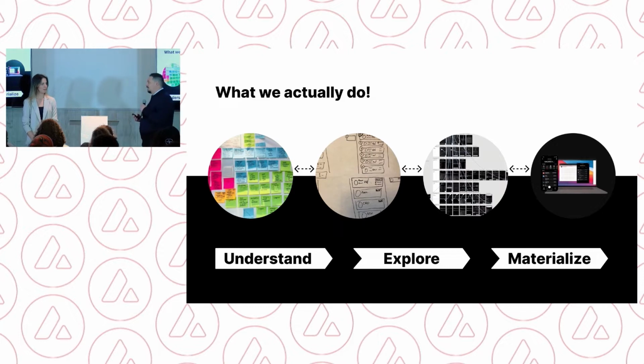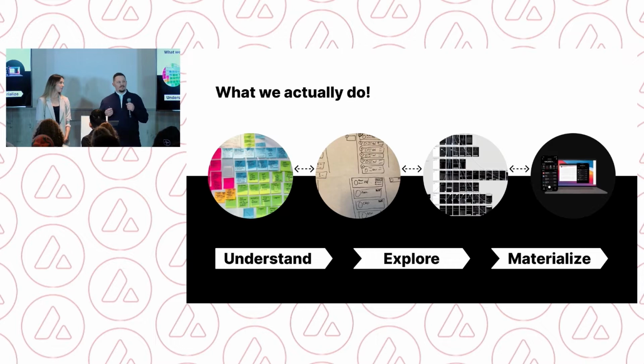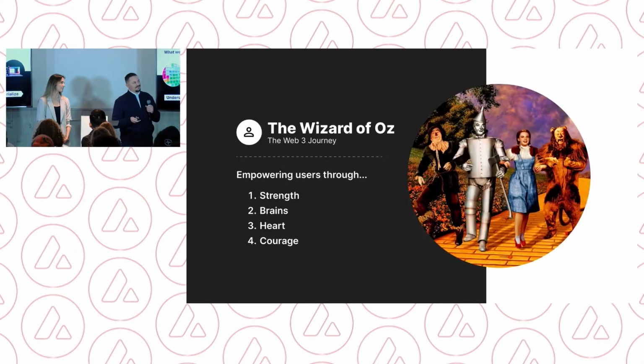Another part of our job is we have to be able to explain these design decisions. We have to be able to convey an idea from conception all the way through to the final product. And today we want to compare our UX design and designing for Web3 to a story that we love, The Wizard of Oz.